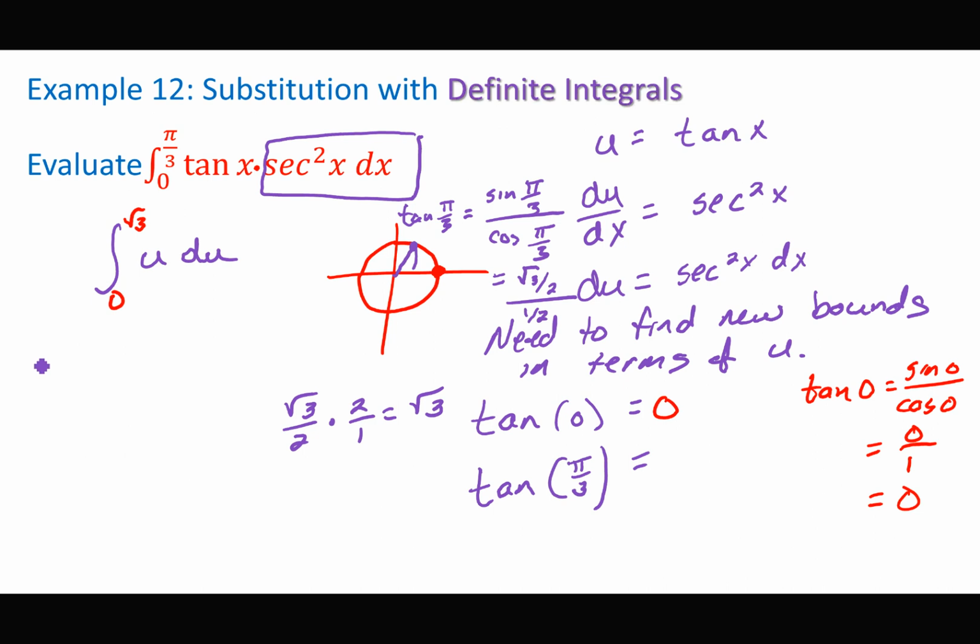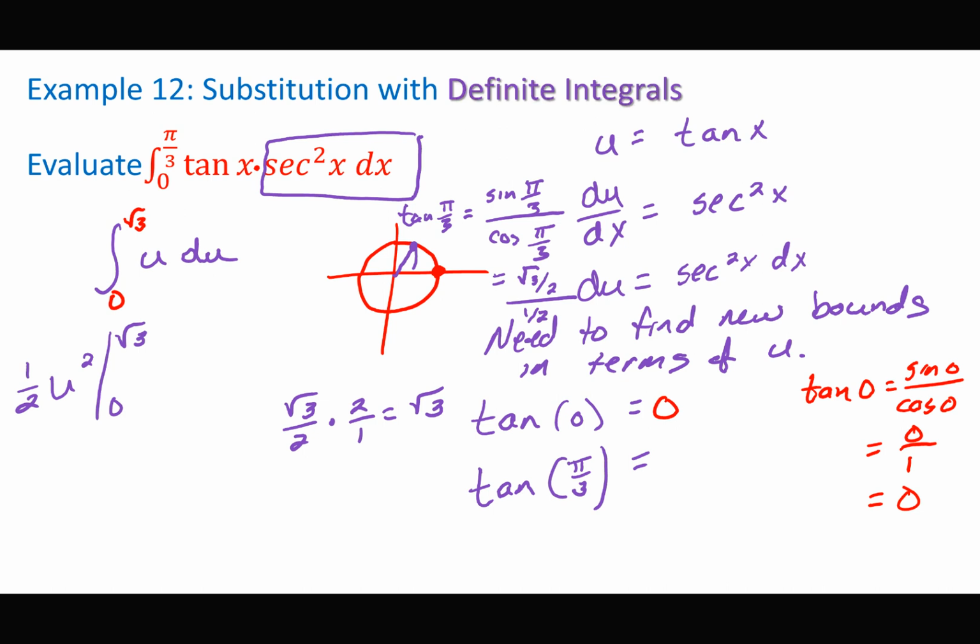Okay, so working with this, so my integral from 0, oh, we don't have to do that. What is the antiderivative of u? Okay, so we add 1 to the exponent, so it's u squared over 2, integrated from 0 to root 3. We do not have to put tangent back into this.